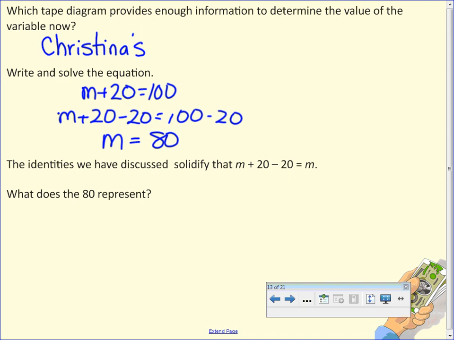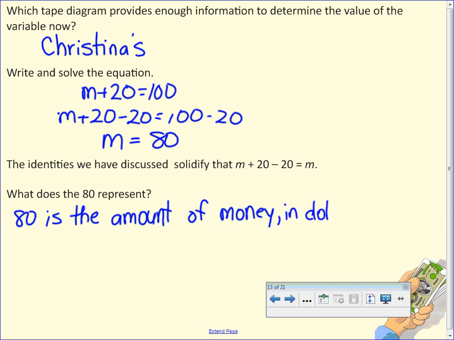What does that 80 represent? Right. All right.